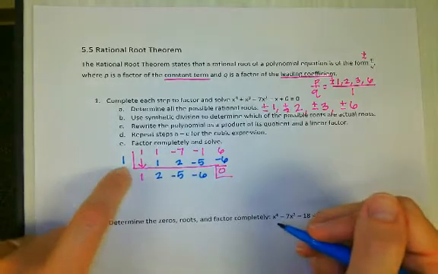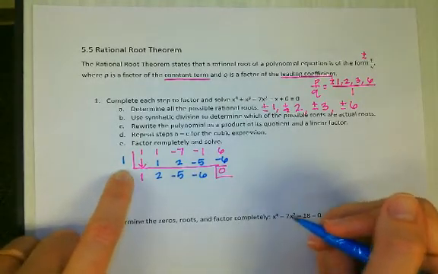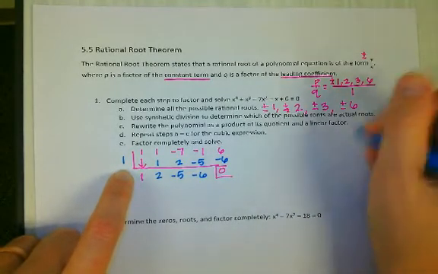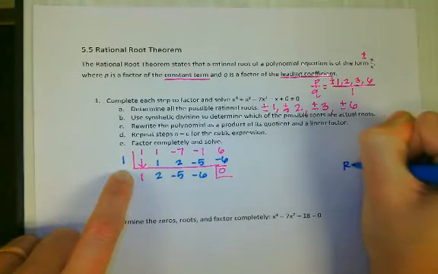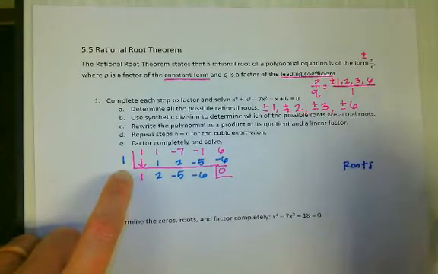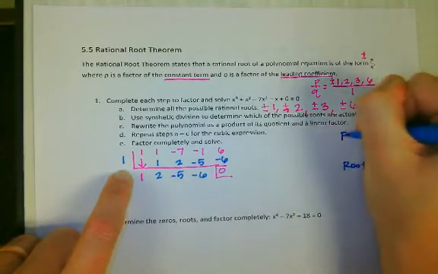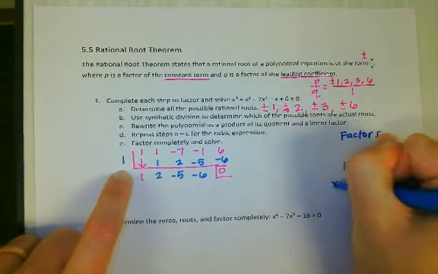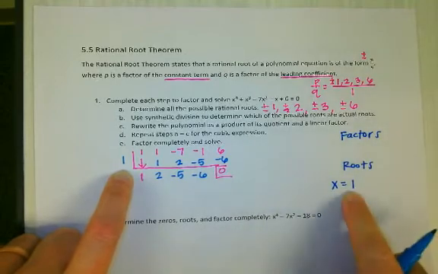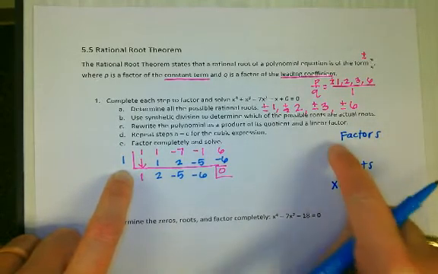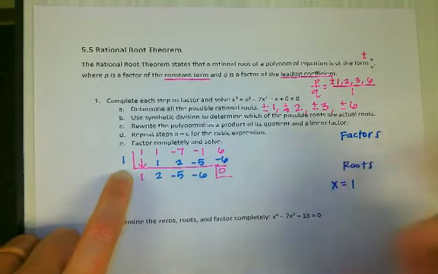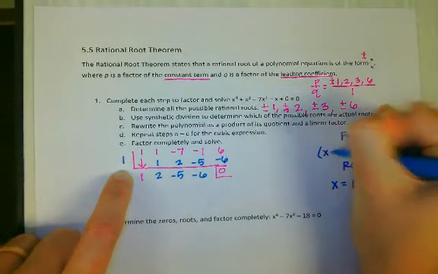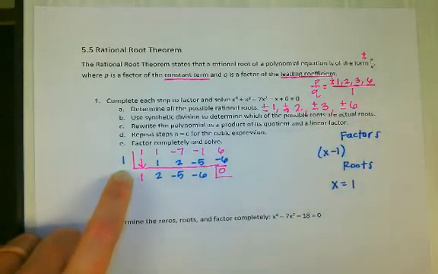So what that tells me is that 1 is one of the final roots or solutions. So at the very end, I'm going to list all of the roots and the factors. So one root is positive 1. And think about what factor that would have come from? x minus 1.